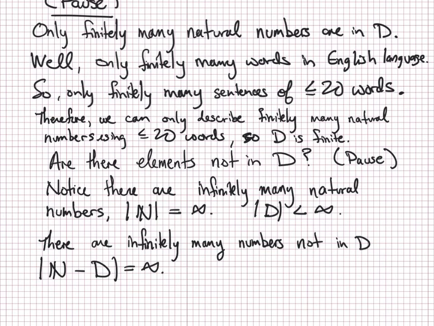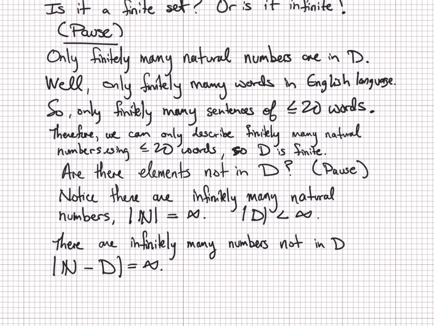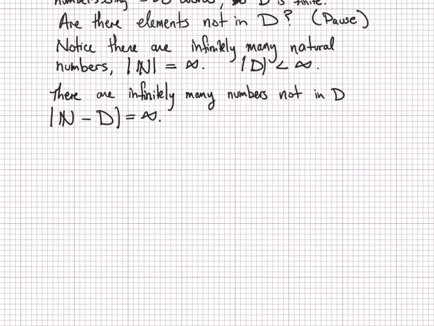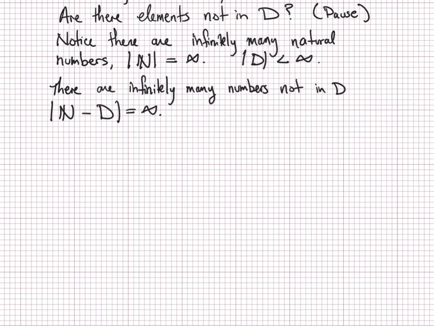So you've taken an infinite set, you've removed from it some finite set, so you get something still infinite. Okay, so all that we need is that there are elements in here, which makes sense, right? It'd be kind of amazing if you could describe every single number just using 20 words. Sometimes you have to use more.